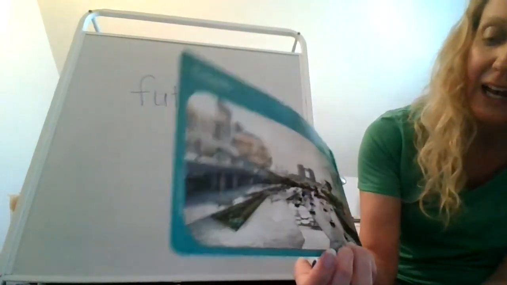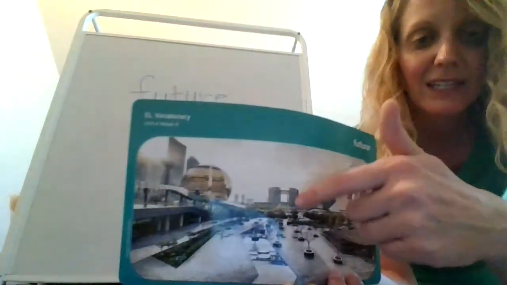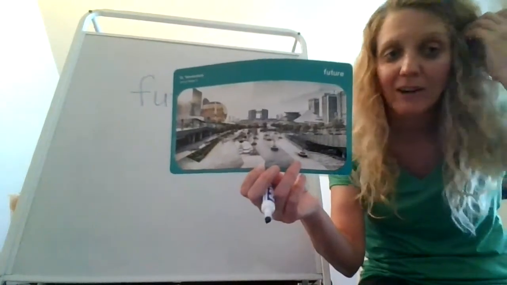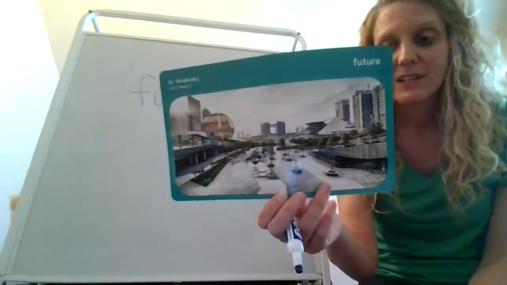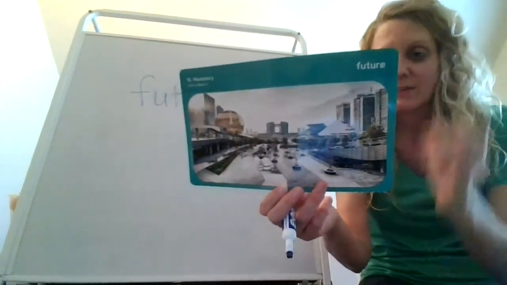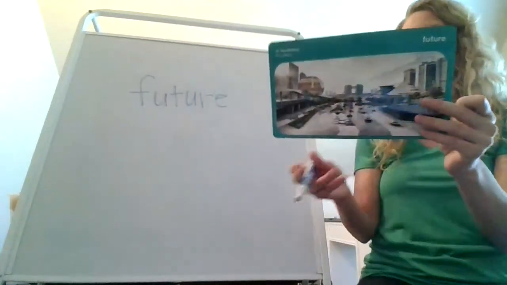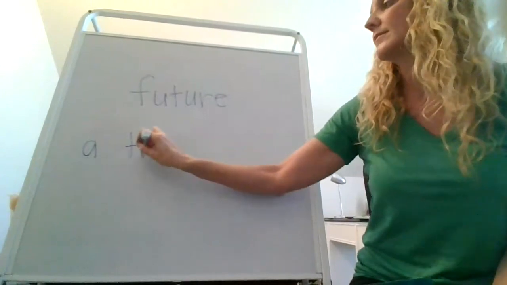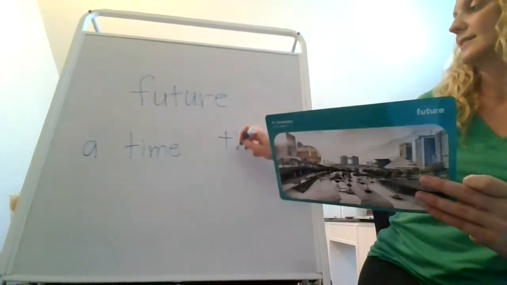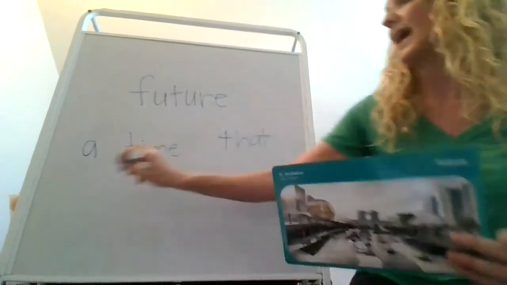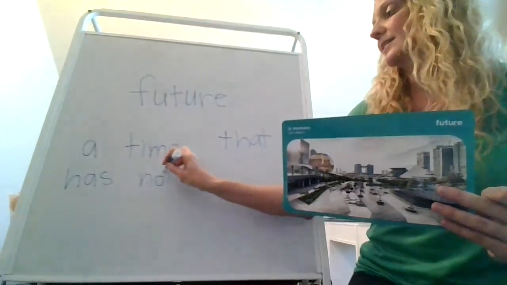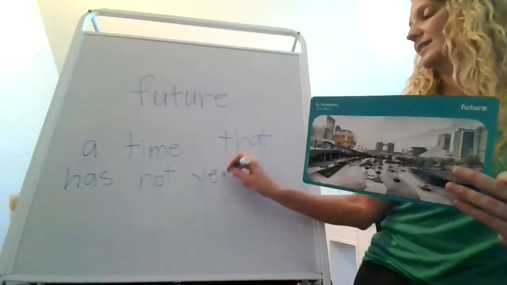So they're looking at like the different shapes of buildings. Maybe we'll have cars that fly instead of drive on the street. So in the future, lots of things might look different than they do today. So future means a time that has not yet come.